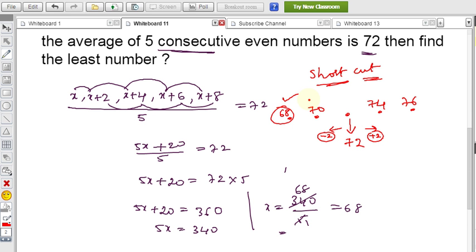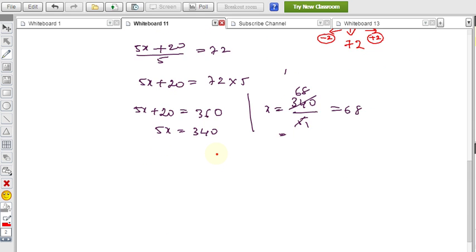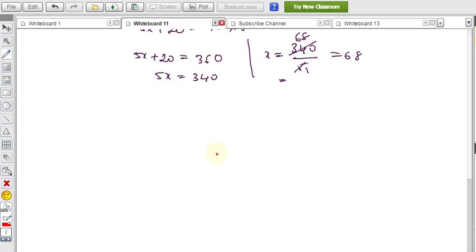Okay, let me give one more similar question. Always remember, the average is nothing but the middle value. In shortcut we'll do this.